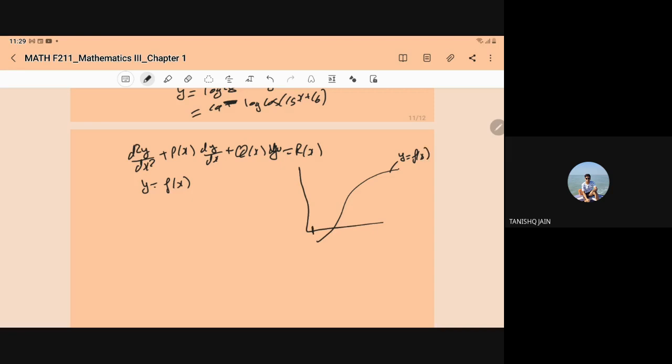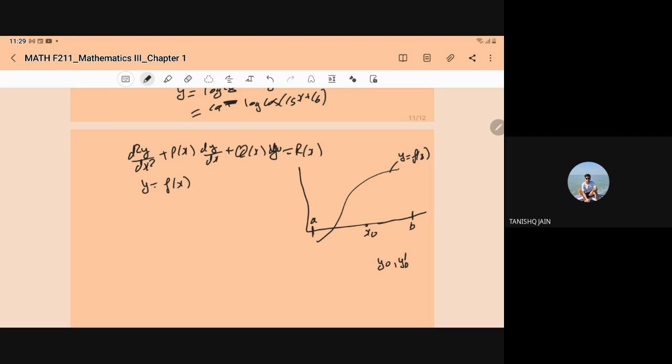We are computing the solution on the closed interval ab. So there exists a point x naught between a and b, for a given y naught and y naught dash.